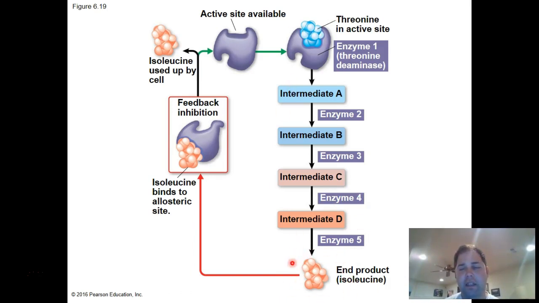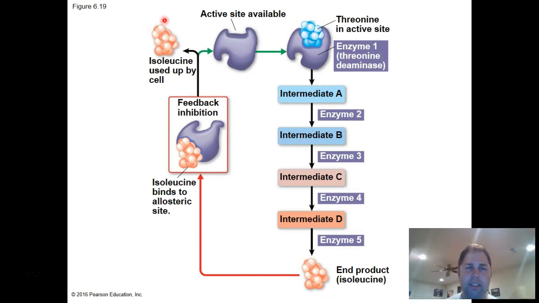Once the cell has tons of isoleucine, it no longer should be using energy to make threonine into isoleucine. And so the isoleucine actually binds to an allosteric site on enzyme 1. When it is bound here as a non-competitive inhibitor, the active site is unavailable. And so you are no longer going to be making isoleucine in the cell.